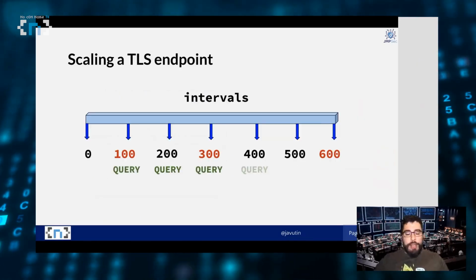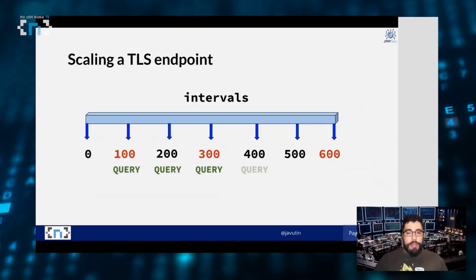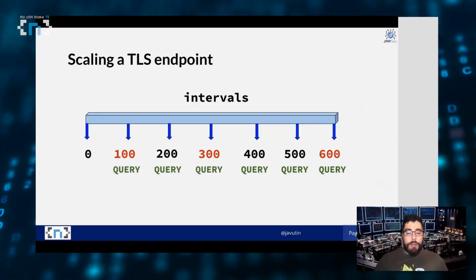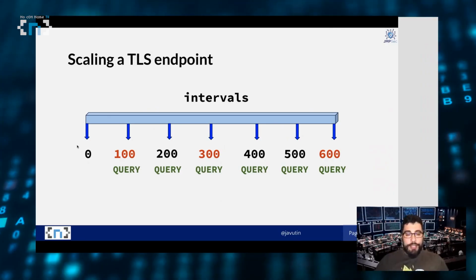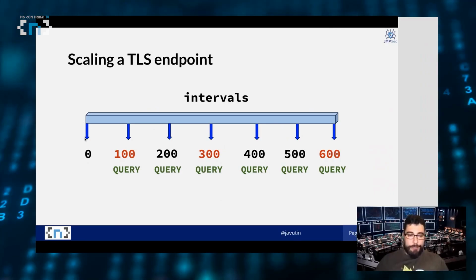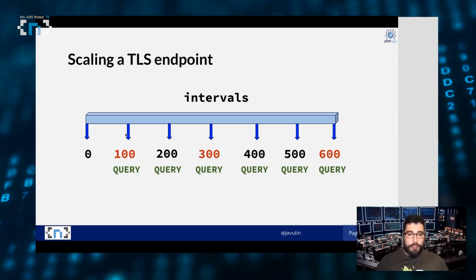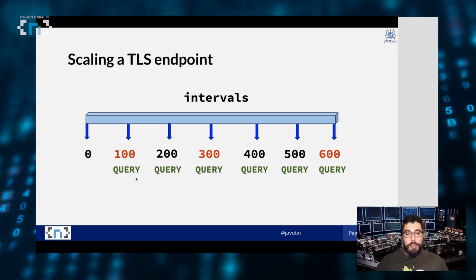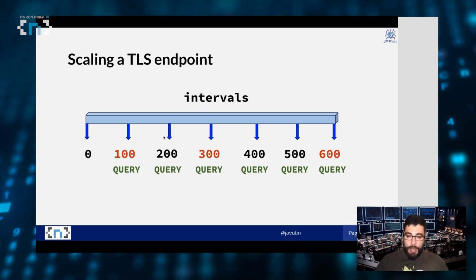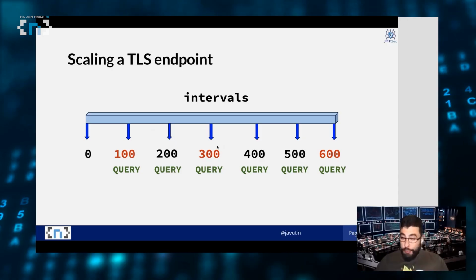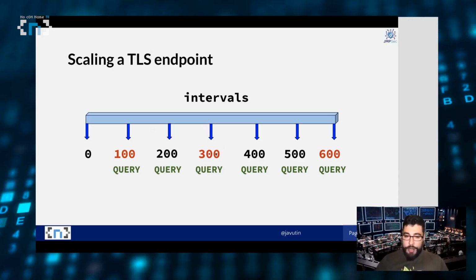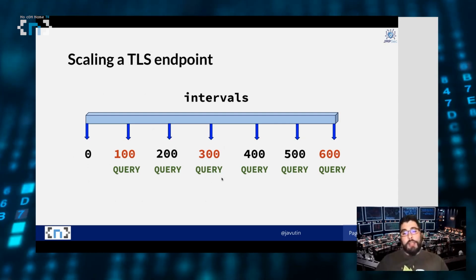In this case, I show here, for example, the intervals every 100 seconds. So let's start at T0. It goes right here, and then first, after 100 seconds, a query happens. The next time that 100 seconds go by, another query happens. Boom, we hit 300, another query happens.